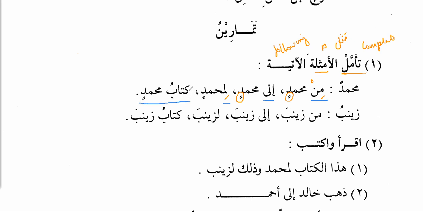Kitabu Muhammadin. So this is actually an idafa. So different positions here with the different harf jars, and here with the mudaf ilayhi position. Zainabu. Now they are giving you the example of the ghair munsarif name, that is the feminine names: min Zainaba. So you can see the difference. In the jar case, it's showing with the kasra. Ila Zainaba.